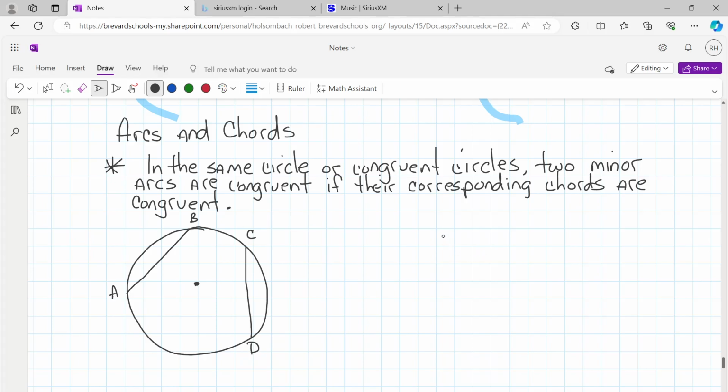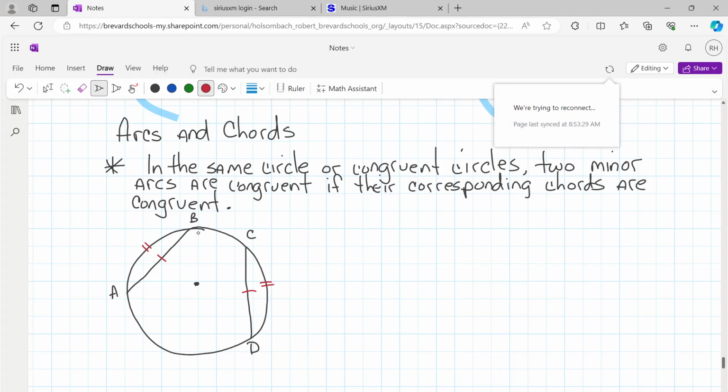What the theorem says is that if chord AB is the same length or congruent to chord CD, if those chords are the same length, then their arcs are also the same measure. Okay?